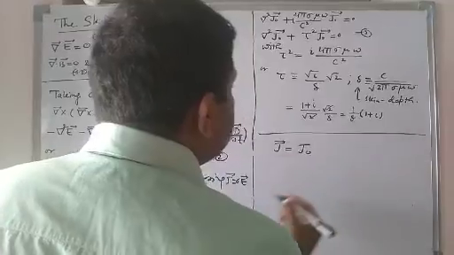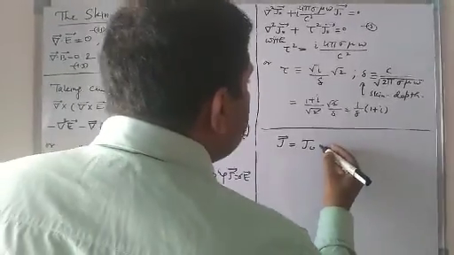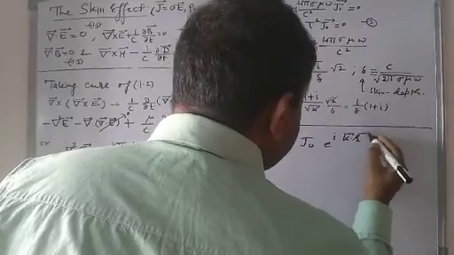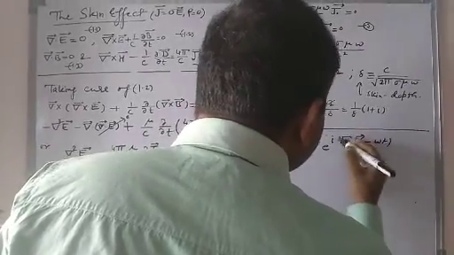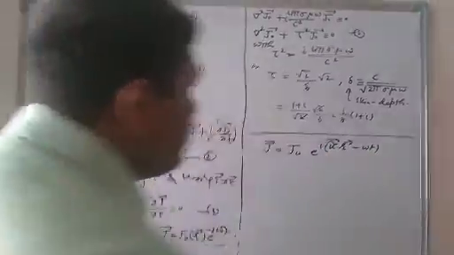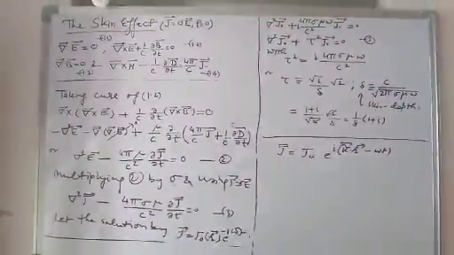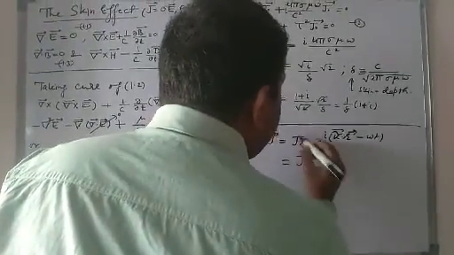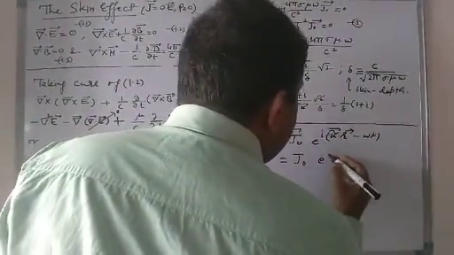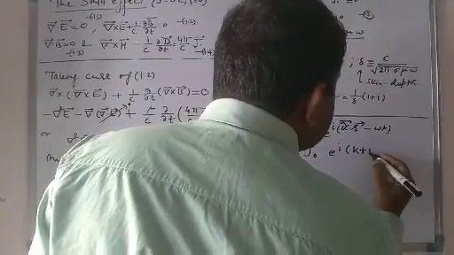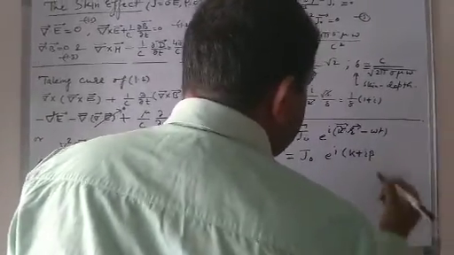So J would have been written as J0 e to the power i (k dot r minus omega t). However, this k would have been a complex k, so therefore I will represent it by the k tilde. So this k tilde would have been a combination of the original k plus essentially the beta.